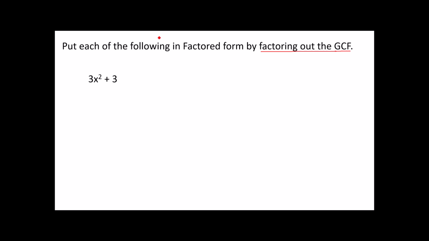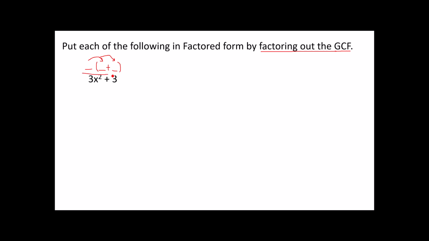I want you to think of it as being the answer to a multiplication or distributive property problem. We would have solved this in our last unit by taking whatever's on the outside and multiplying it by everything on the inside.